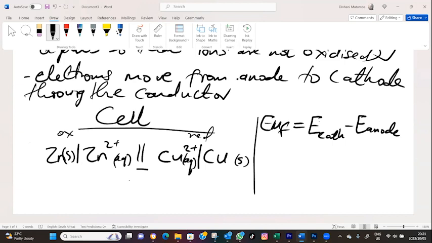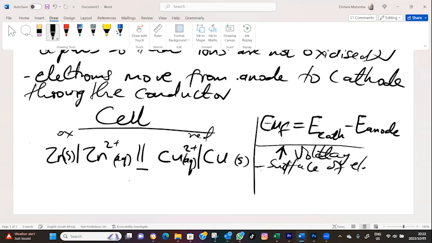Now, what are things that can increase the voltage? We have the surface of electrodes. We also have concentration of electrolytes.